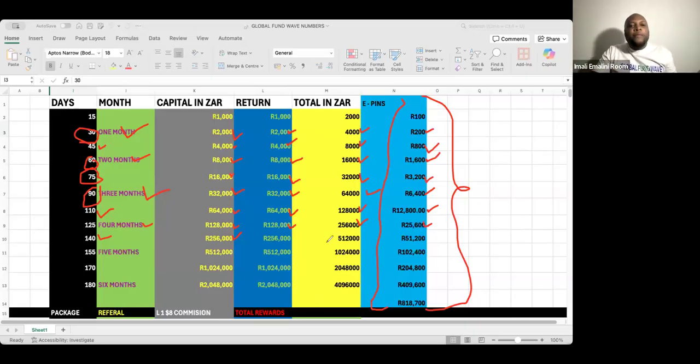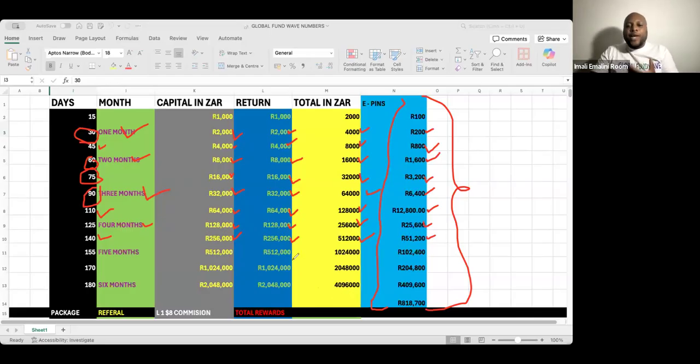It's your money. Now, very importantly, you have doubled it, 256,000 to 512,000, more than 500,000 now. You have used 51,200 of e-pins. Please don't ask me, with 512,000, and say 51,000 is small. That's 10% of it.